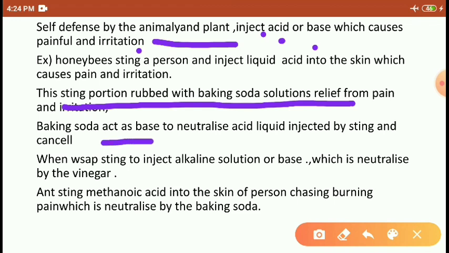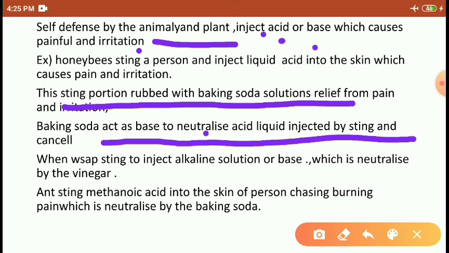So baking soda acts as a base and neutralizes the acid injected by the sting. When the honeybee injects some acid into our skin, it is neutralized by a base, that is the baking soda.